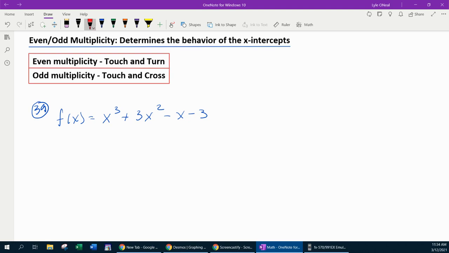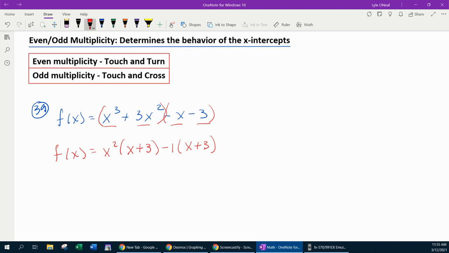So since this function is a cubic and it has 4 terms, we're going to try factor by grouping. So we're going to group the first 2 terms and factor out the GCF, which is x squared. And we're going to group the last 2 terms and factor out the GCF, which is -1.